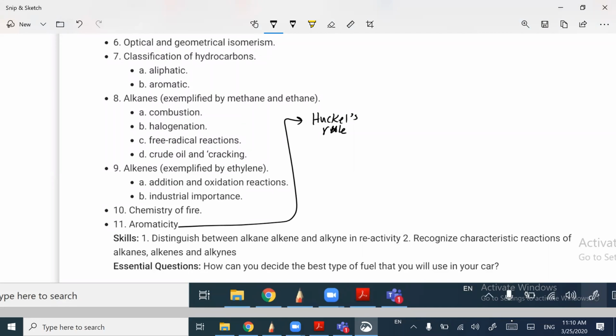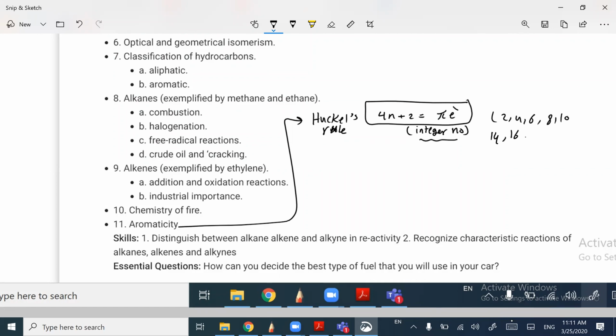Huckel's rule says 4n plus 2 equals the number of pi electrons, and n must be an integer. When you solve this equation, it must give an integer number: 2, 4, 6, 10, 14.